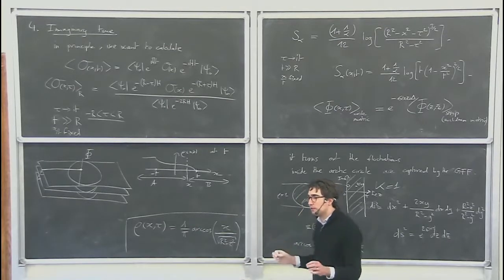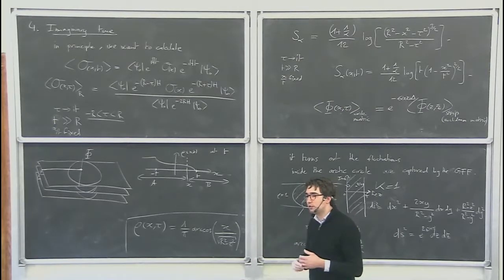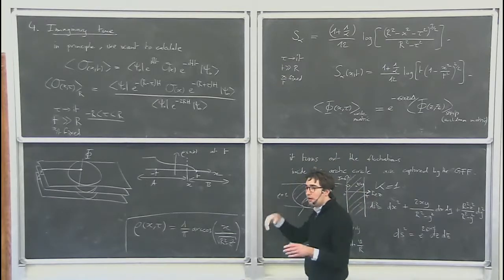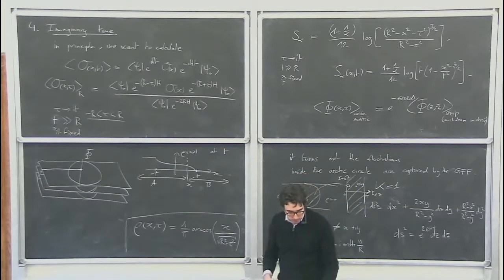For the simple problem of a single interval, it's not related to a trace of rho A to the alpha, but geometrically it's still a well-defined object. The problem is when you have more points. Anyway, maybe let's stop here.